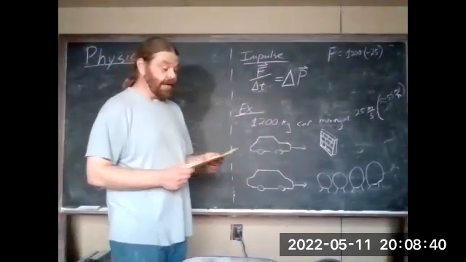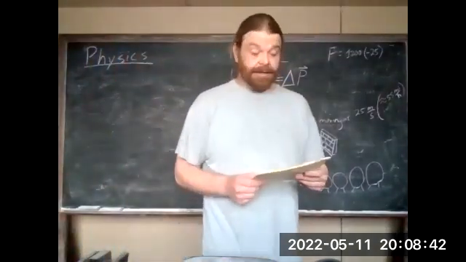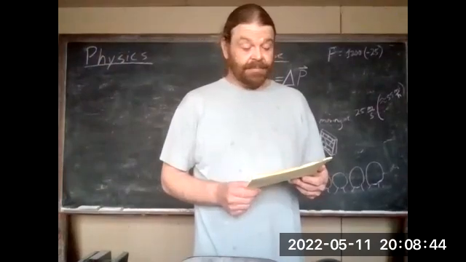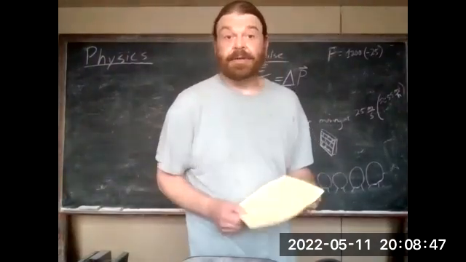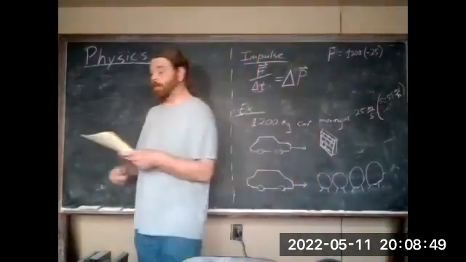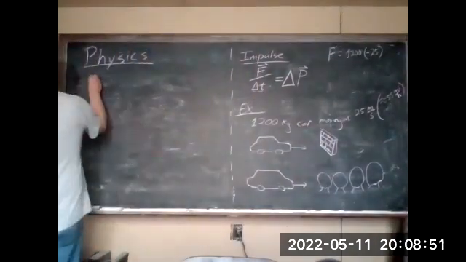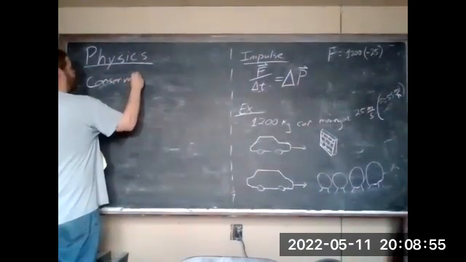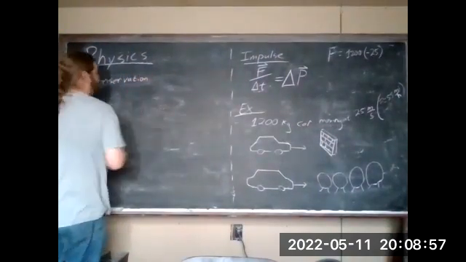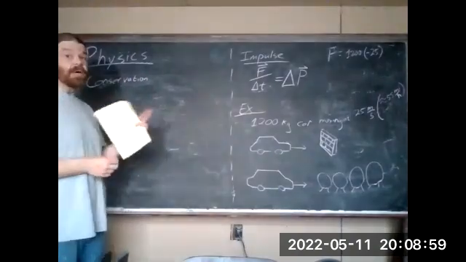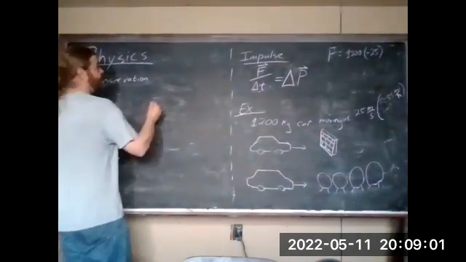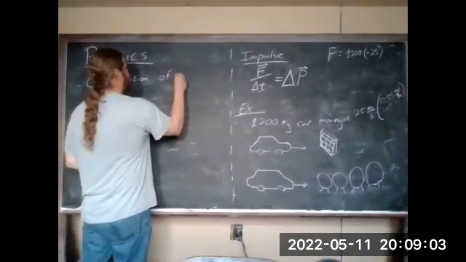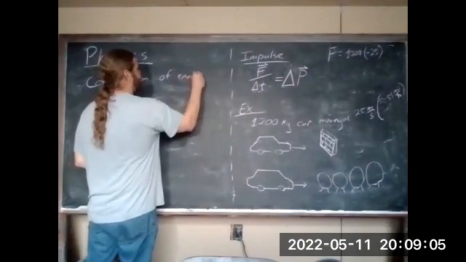So I wanted to at least throw a couple notes in, because whenever your game starts acting wonky, this is probably what went wrong. And that's conservation. In particular, we have two major quantities that are conserved: conservation of energy and momentum.